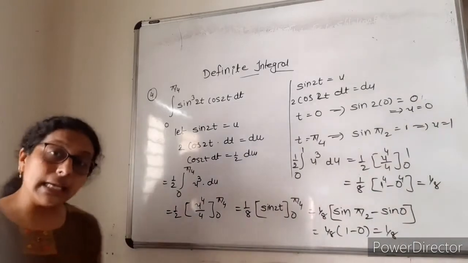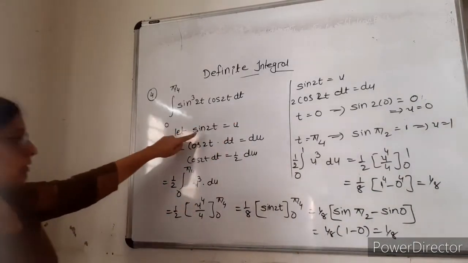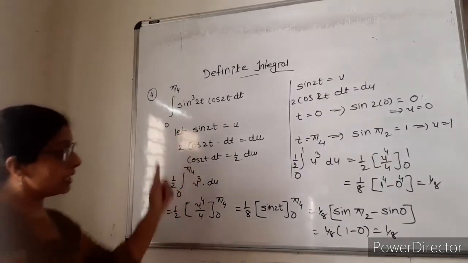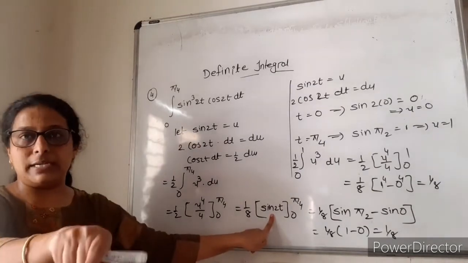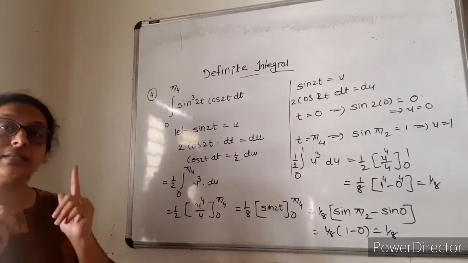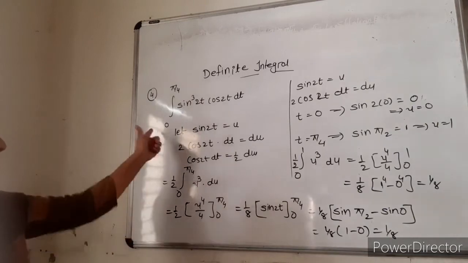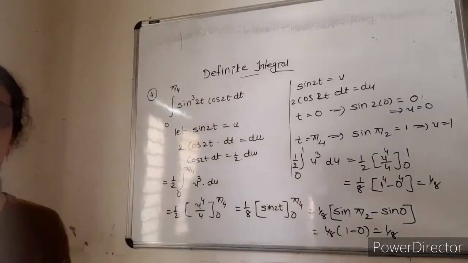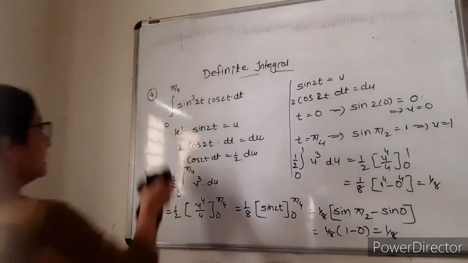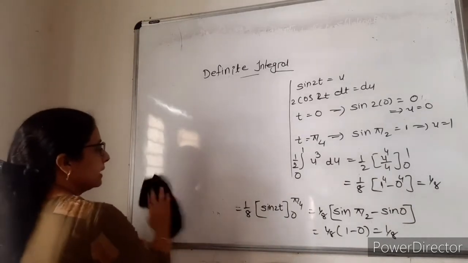But if you don't want to change the limit, first substitute, find the integration, then put back the original value of u and apply the limit. Both ways you will get the same answer. Understood everyone? Yes. Do it. Then we'll go ahead with the next. Okay. Now we will start exercise 7.9 of the definite integral.